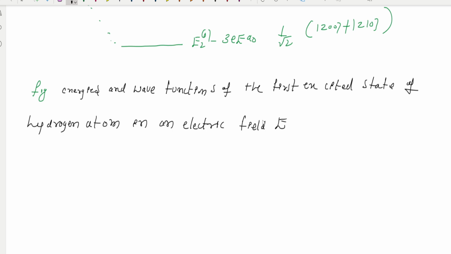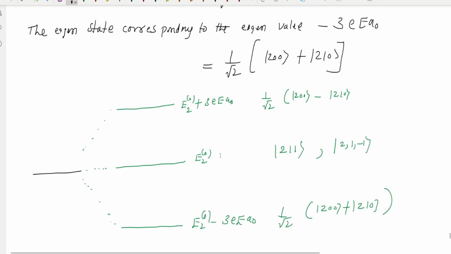So I'm going to say again this very, very important conclusion, this explanation. The hydrogen atom in the first excited state possesses a permanent electric dipole moment of magnitude 3 E A naught with three different orientations.